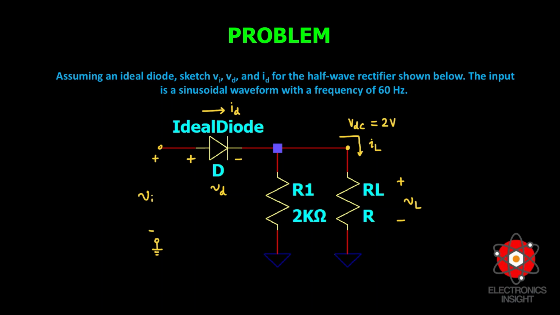We can consider that the input is a sinusoidal waveform with a frequency of 60 Hz. As the problem states that it is an ideal diode, we do not consider any potential drop across the diode. Now let us start solving the problem to sketch VI, VD and ID.